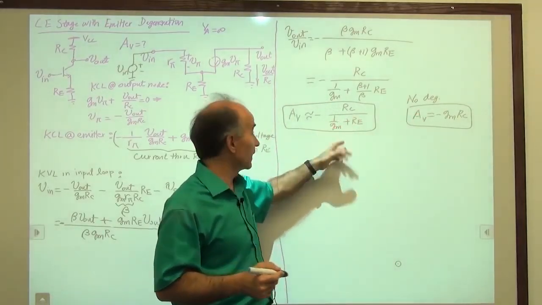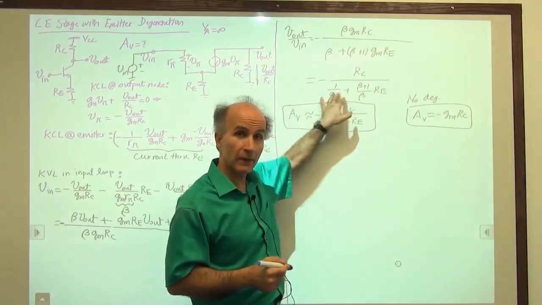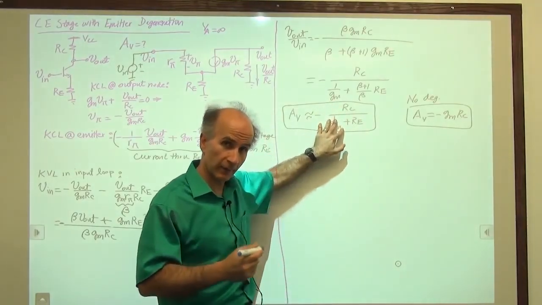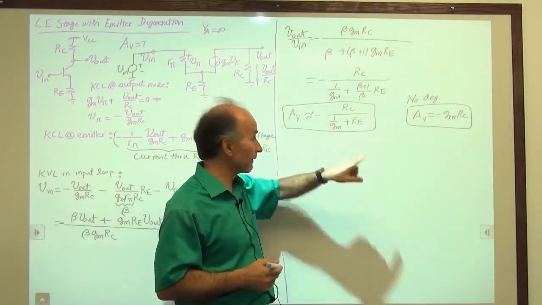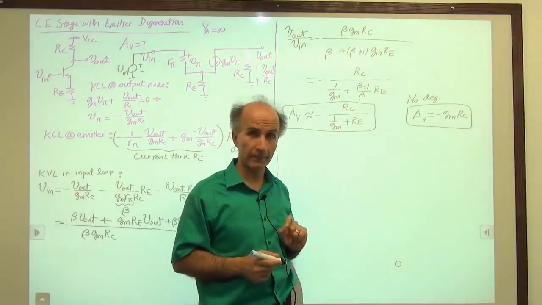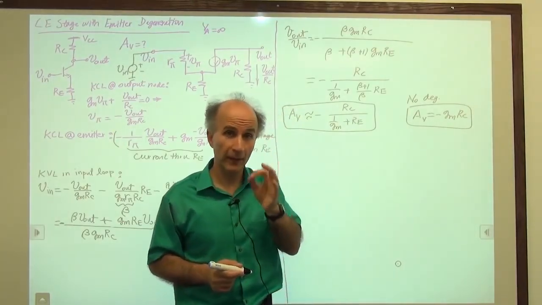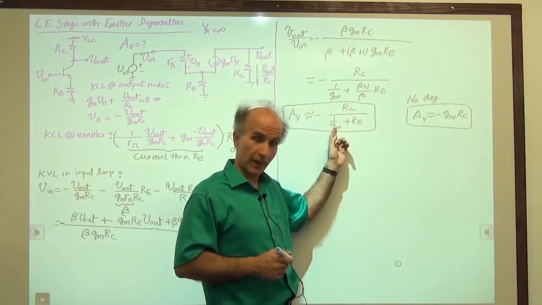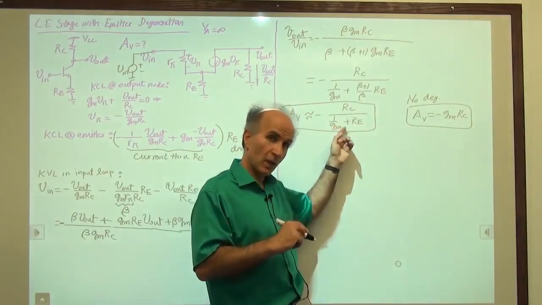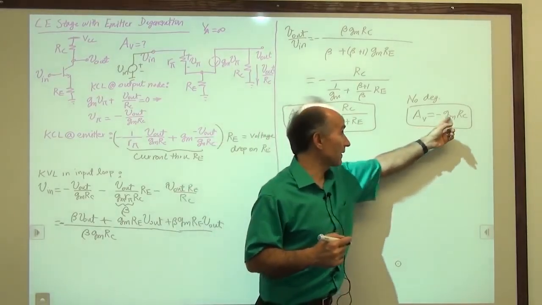But in this case, if GM changes by 50%, because we are adding it to some other number, the result will not change by as much as 50%. So RE tends to swamp the variations in this GM. So that's one interesting effect. So if, for example, the temperature causes the bias current to change, and hence GM to change, overall this result is not as sensitive as this result.